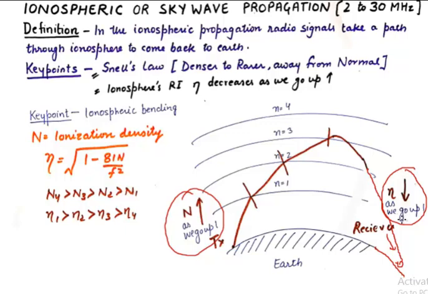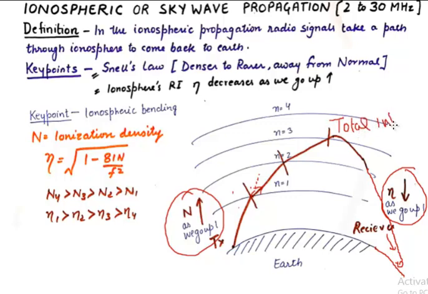Right? So when that happens, if we transmit a wave at a certain angle, when it encounters the first boundary, let us say this is the D layer, we go from denser to rarer and it bends away from the normal. Some refraction occurs and it is bending away from the normal because it is going from denser to rarer. And again, this phenomenon happens, denser to rarer, and there comes a point when total internal reflection occurs.